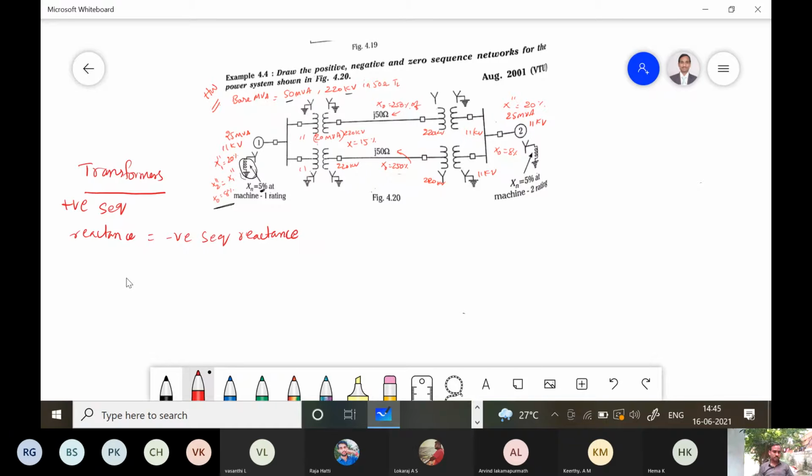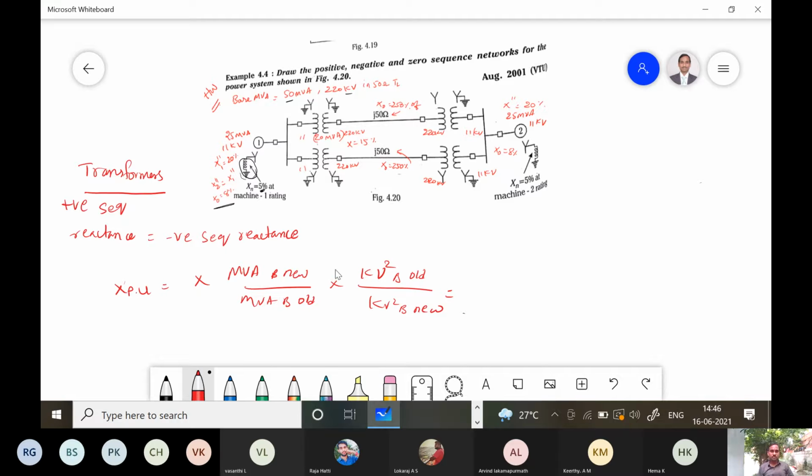That is given by X per unit is equal to X into MVA base new by MVA base old into kV square base old by kV square base new. So now calculate: MVA base new is how much?